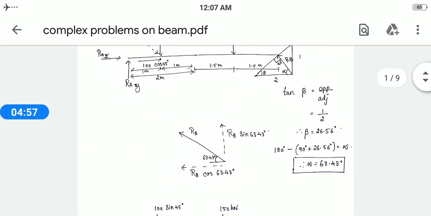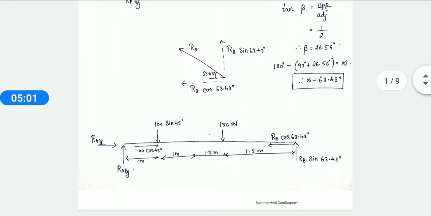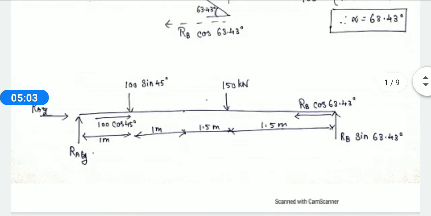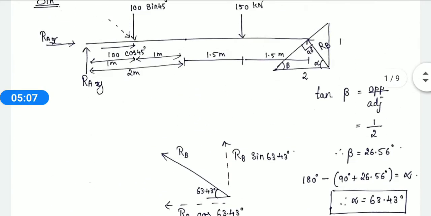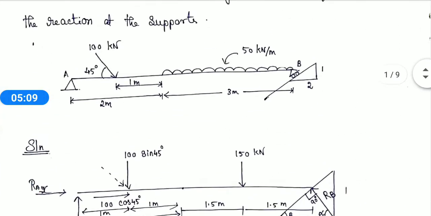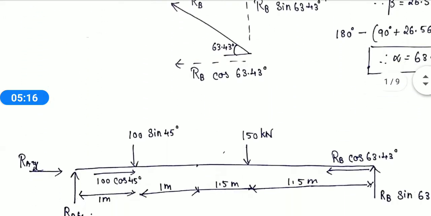Now we have to plot the same thing in the question. When you see this sum, it is difficult to plot the reactions, so we are converting this sum into a normal problem.